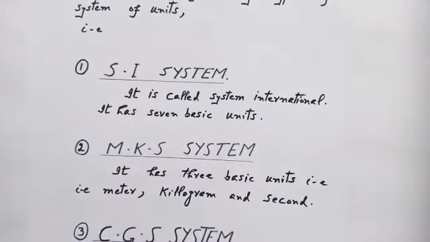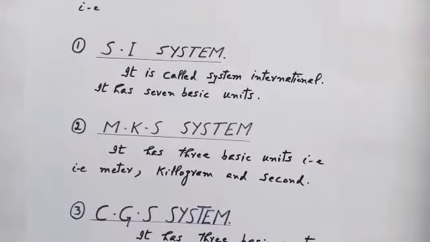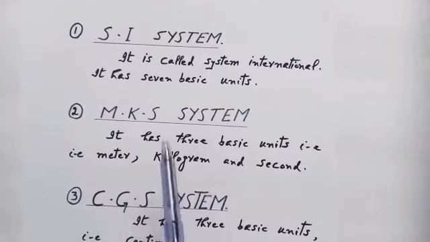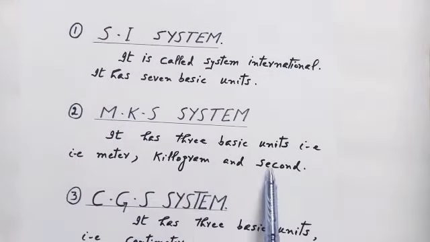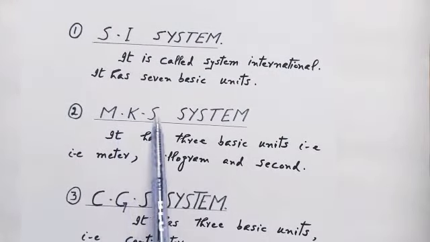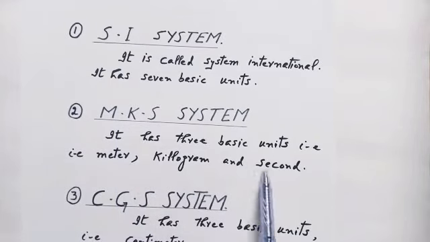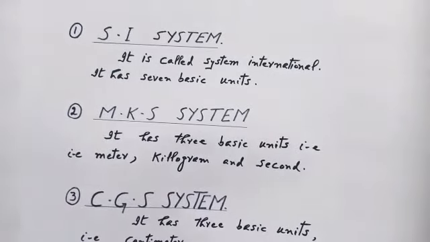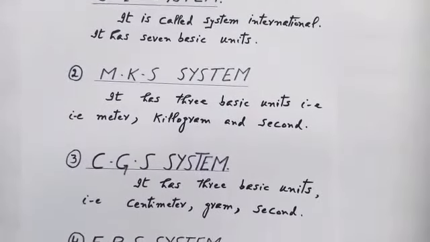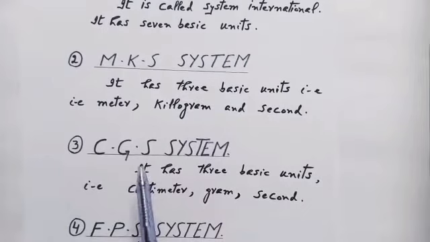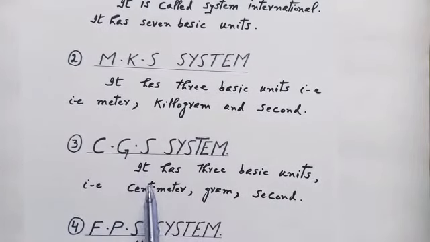Then we have the MKS system. MKS system has 3 basic units, that is meter, kilogram, second. MKS means meter, kilogram, second. So meter, kilogram, second, these are 3 basic units and all other units are derived units. Then we have CGS system. CGS means centimeter, gram, second.